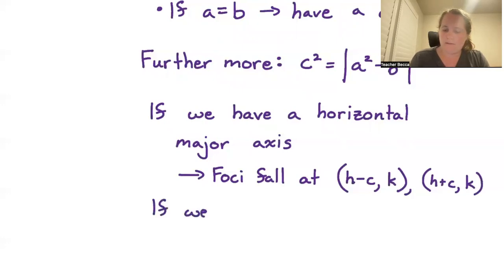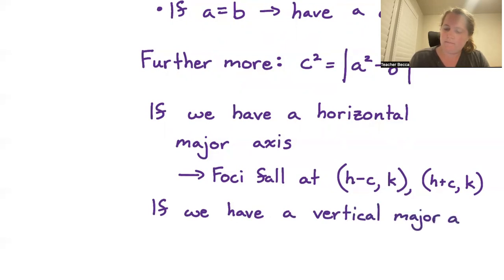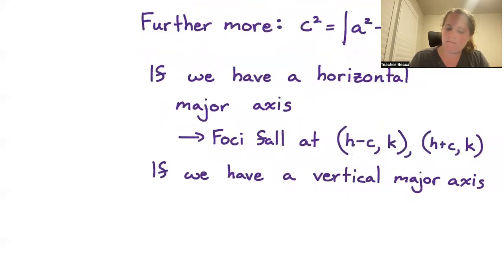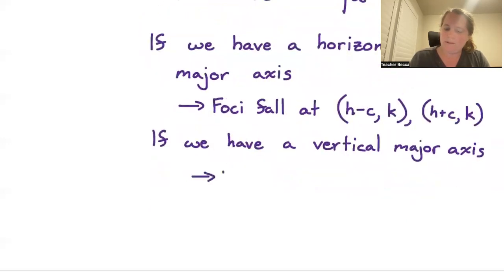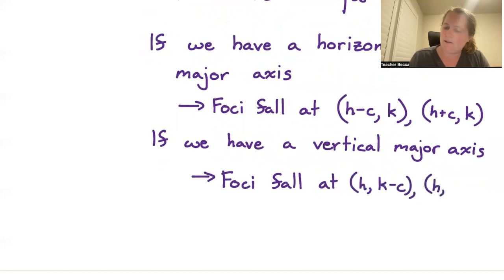If we have a vertical major axis, then the foci fall at h comma k minus c and h comma k plus c.